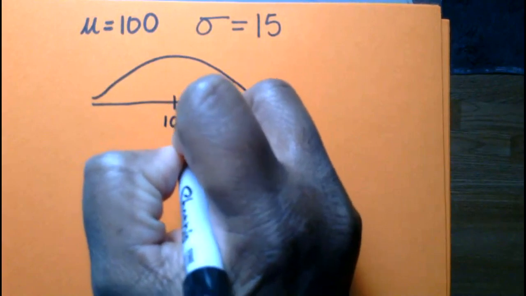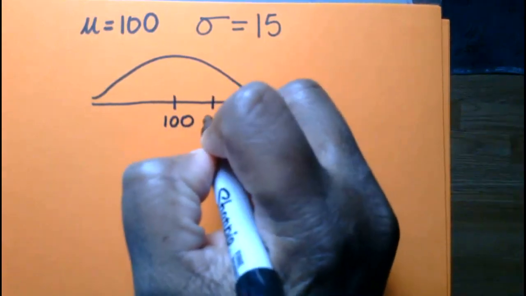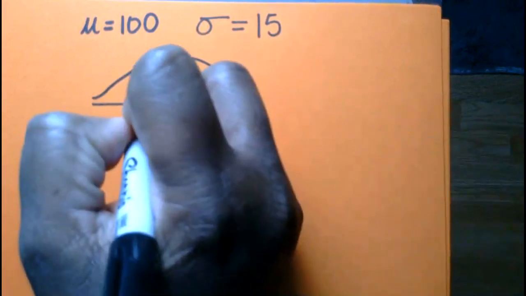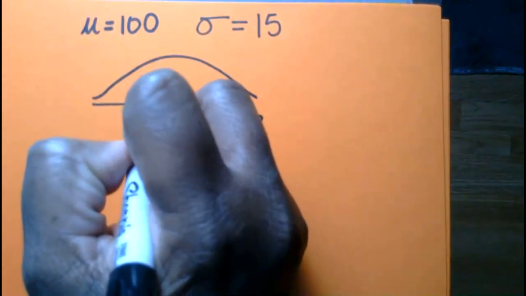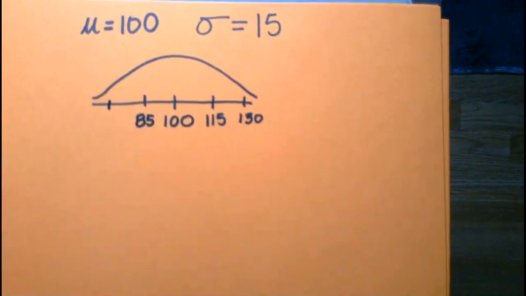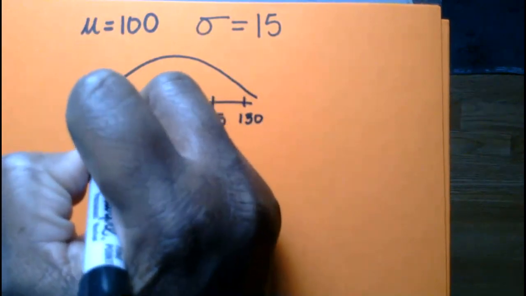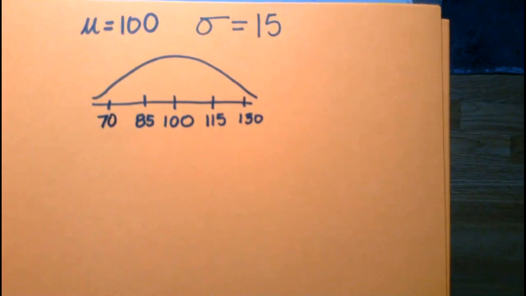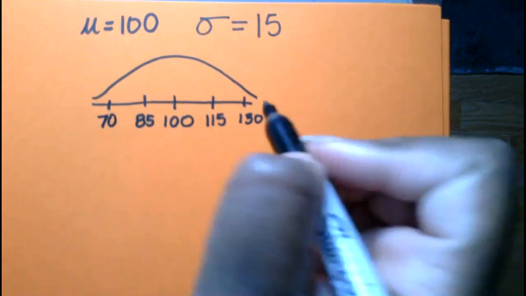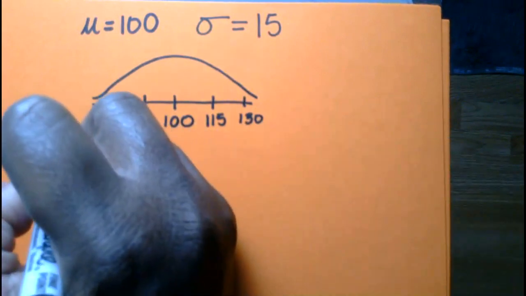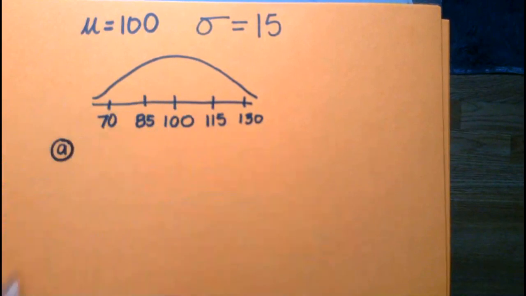So in the middle, we have our mean, 1 standard deviation, 2 standard deviations. Going to subtract 1 standard deviation. This should be 70. Okay. So part A is stating greater than 125, I believe.